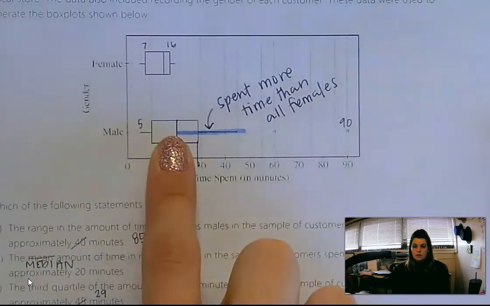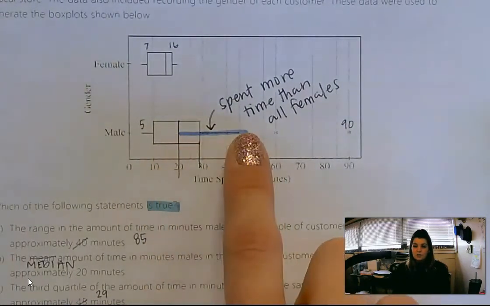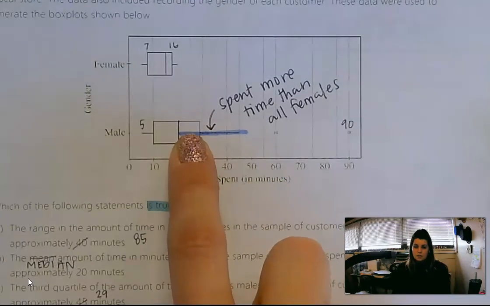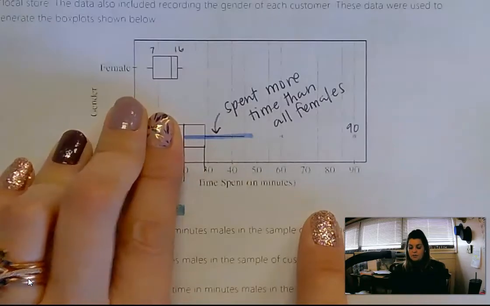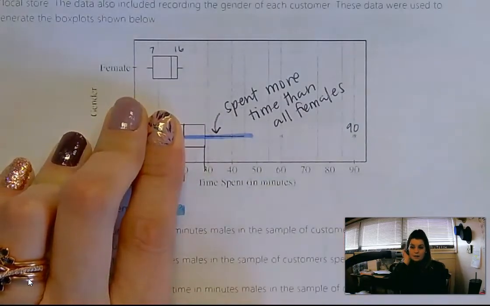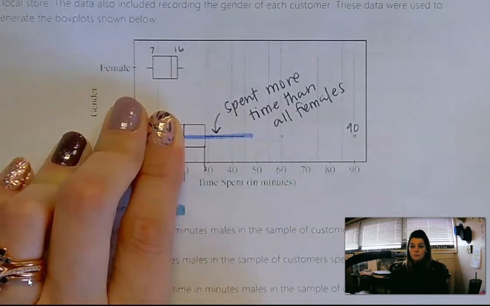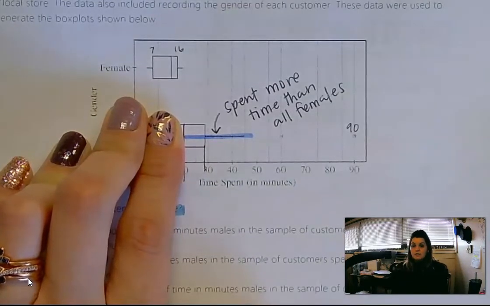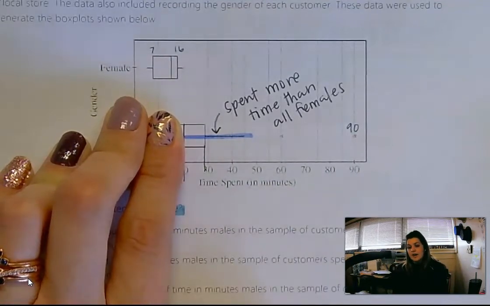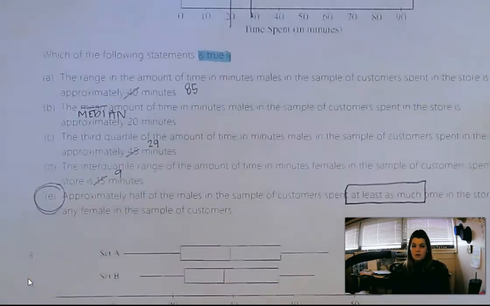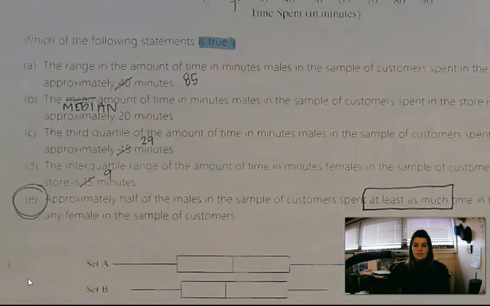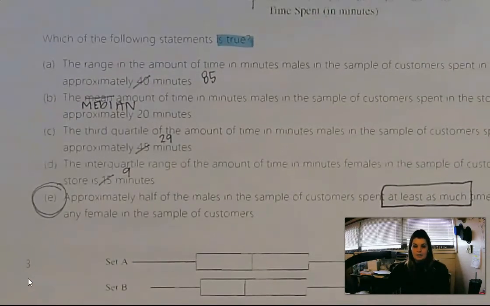It's important to note that at option echo, option E, this is showing you that, because this is 25% here, 25% here, 50% of shoppers spent more time at the grocery store than all of the females, which means 50% of males spent at least as much time at the grocery store as any female or all females. Then I'll pause on this so that you can see how I corrected these statements.